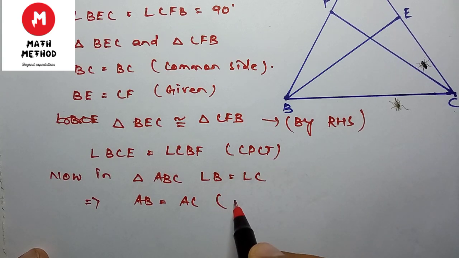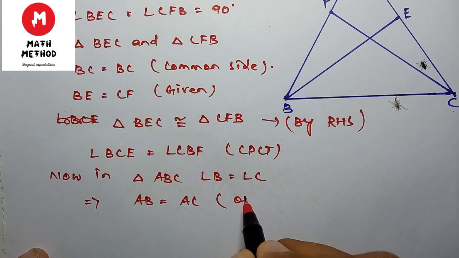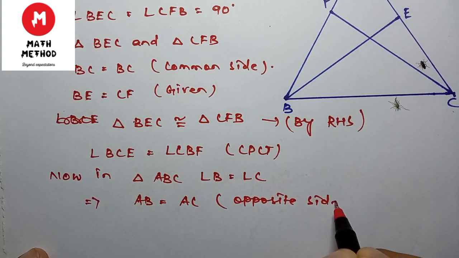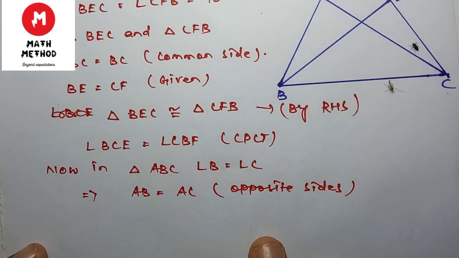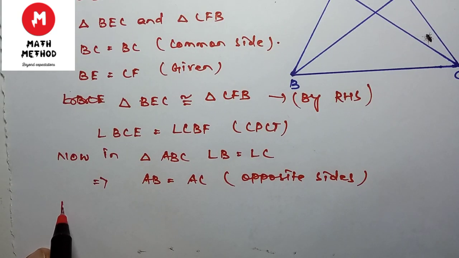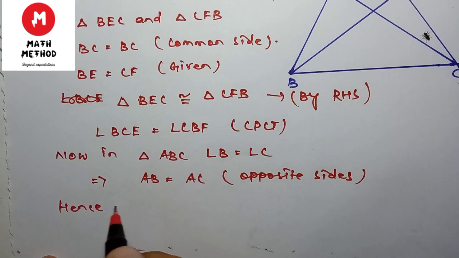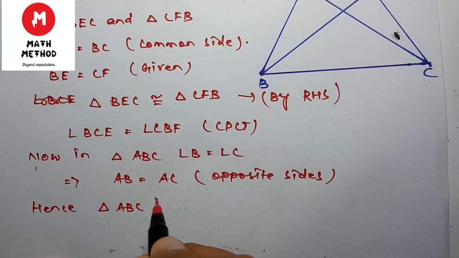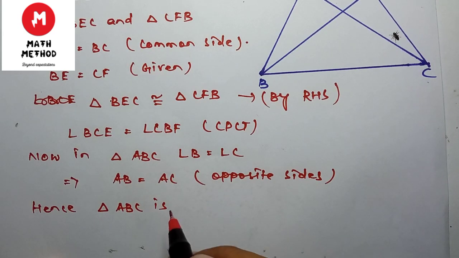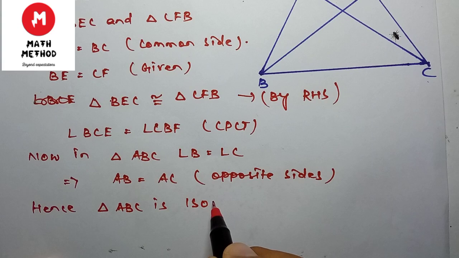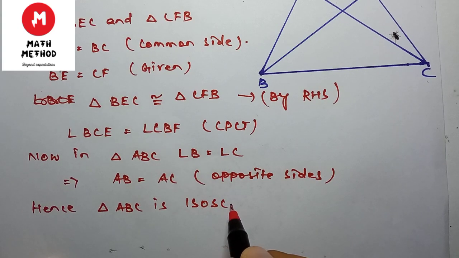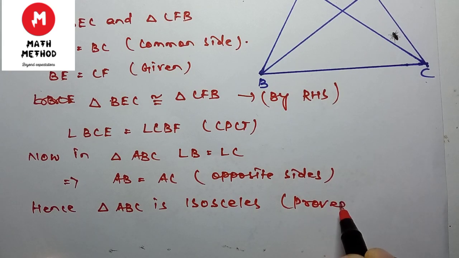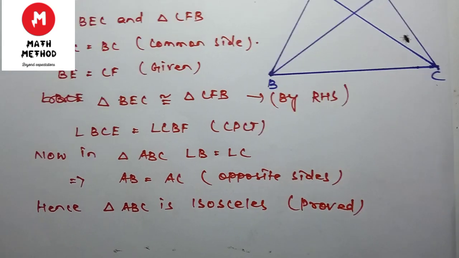Therefore I will write, opposite sides of equal angles. Hence triangle ABC is isosceles. Proved. This is our question number 4 proved.